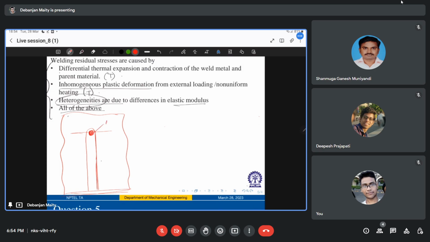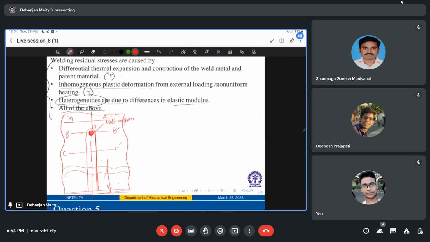Let's say this cross section is BB dash. This is point O, and say this cross section is AA dash, and this cross section is CC dash. So this is infinitely long towards this direction.